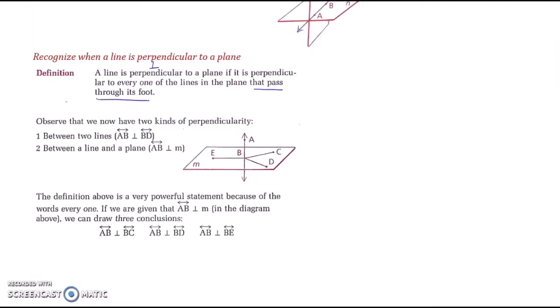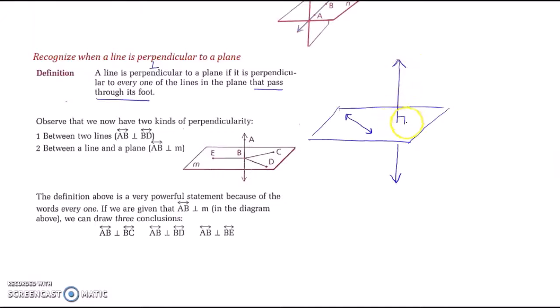You cannot, because, for example, if I have a line in a plane and I have a line that intersects that plane, that does not pass through the foot, are they perpendicular?